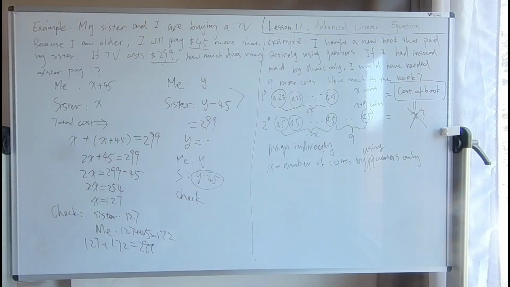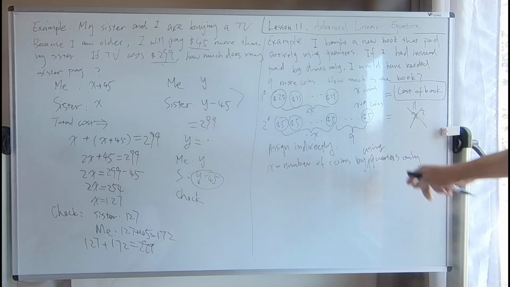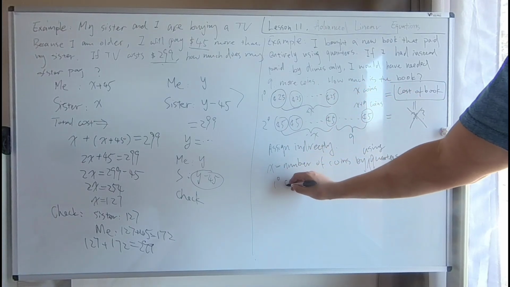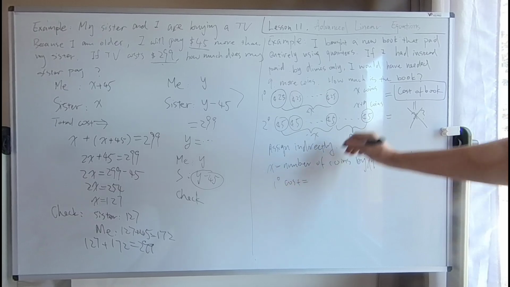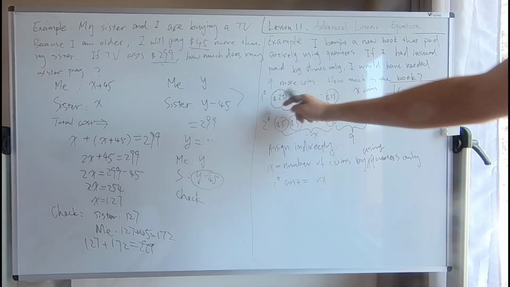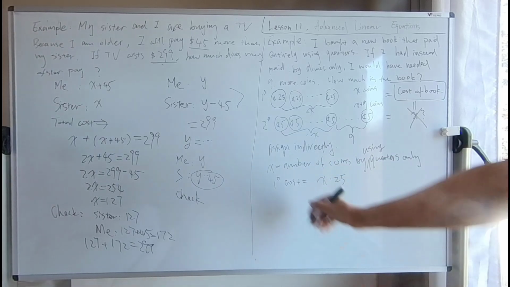So I can now write out the number of coins in either option. Then how do I construct the equation? The equivalent quantity is the cost of the book. So either of them should be equivalent to the total cost of the book. That helps us build the equation. In option 1, I have x coins, and each coin values 25 cents. So that's the total cost.